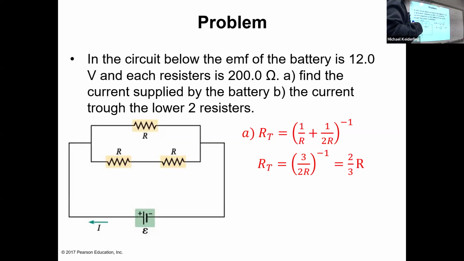So this will be 2/3 R just from that, but you could also plug in the numbers. You can put in 1 over 200 ohms plus 1 over 400 ohms, to the minus 1. And that'll be 2/3 R, which is 133.3 repeating ohms.